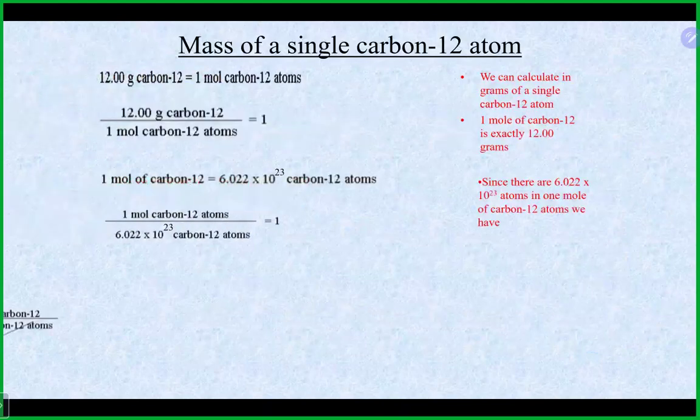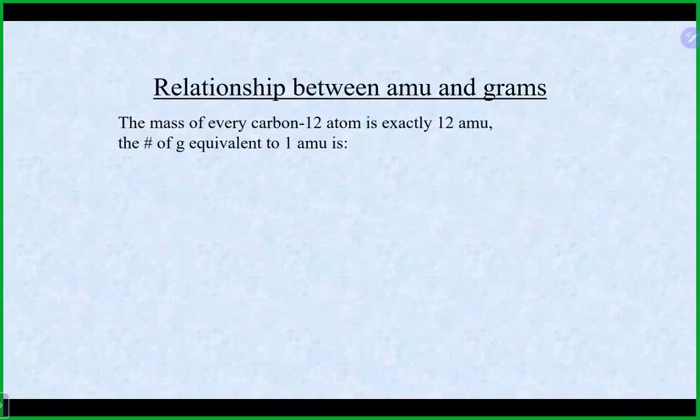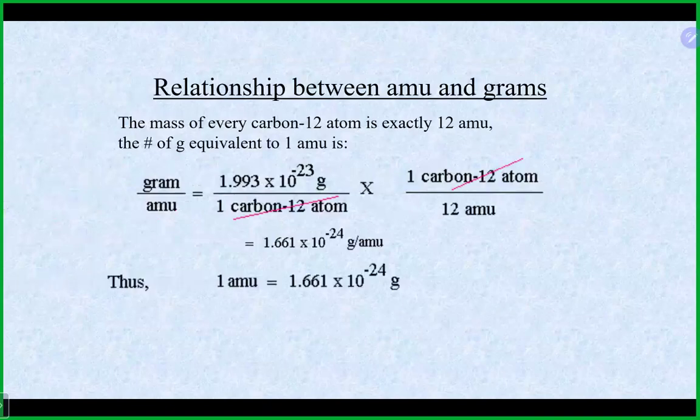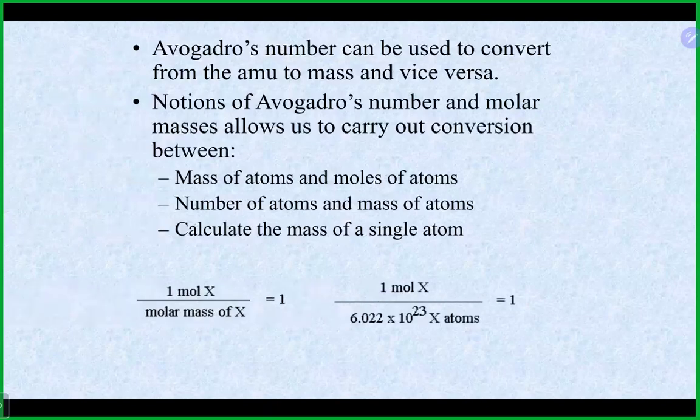Here's a relationship again between AMU and grams. You don't have to derive it or anything like that. So we're just going to go through this here. As I mentioned before, Avogadro's number and molar mass are used to do those types of conversions. Now, the relationship between molar mass and Avogadro's number is this.